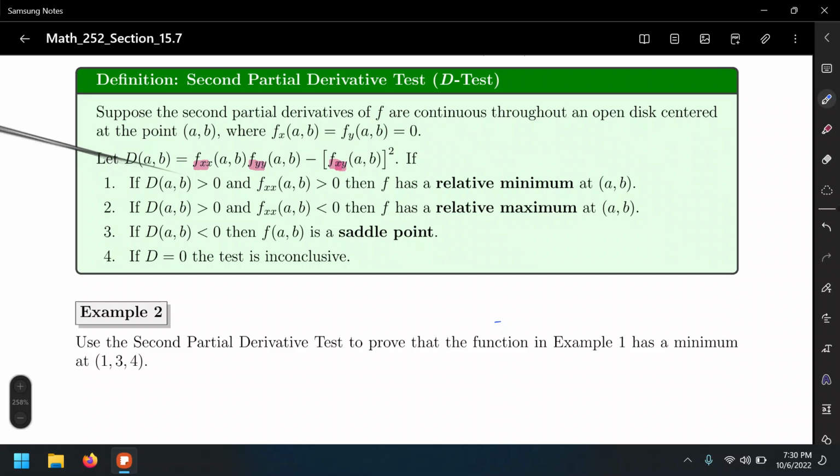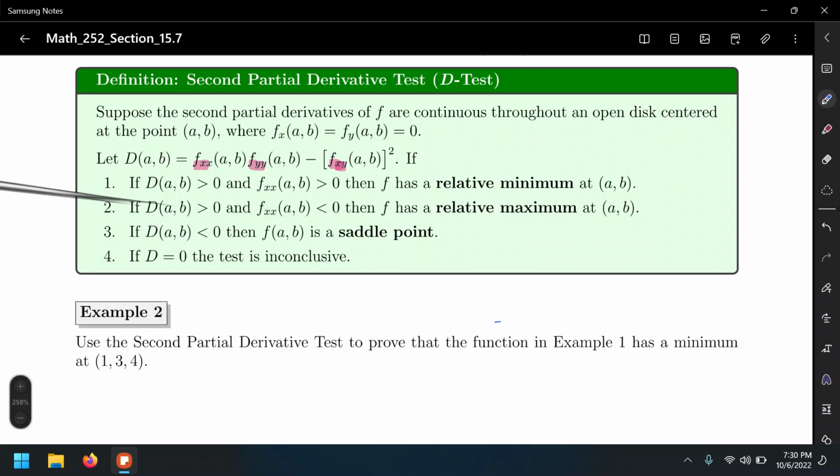We need to make sure that both the D quantity and the second partial are positive, then we have a relative minimum. Do you see the relation? Second derivative is positive, minimum, it's again like the concavity test.